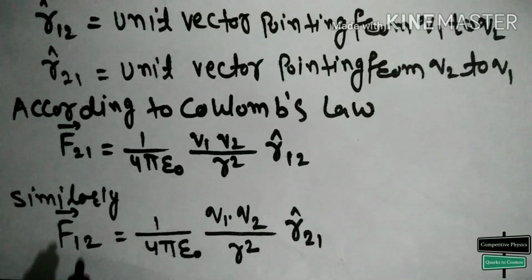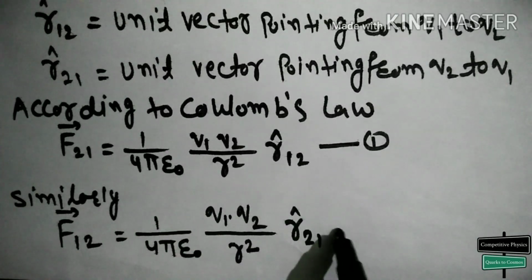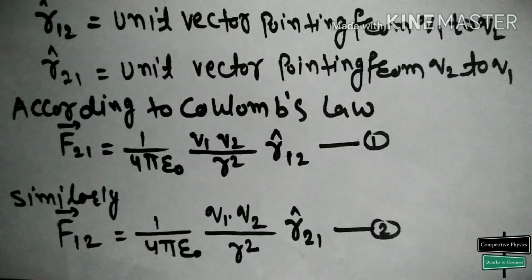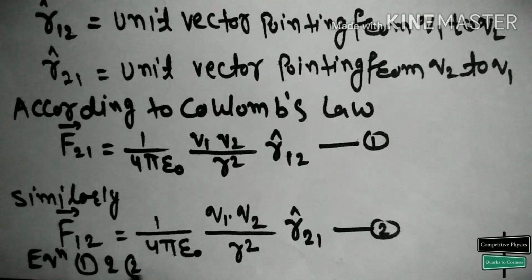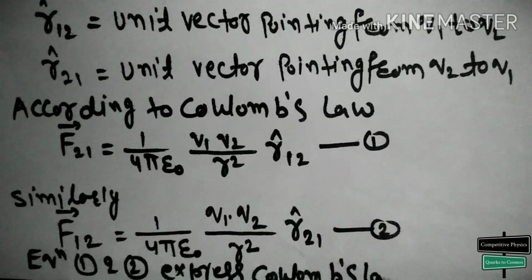Okay, well, suppose this is equation 1 and this is equation 2, so you can say equation 1 and 2 express Coulomb's law in vector form.